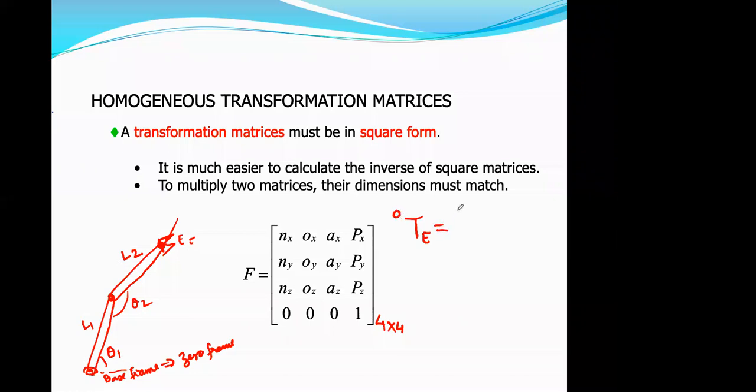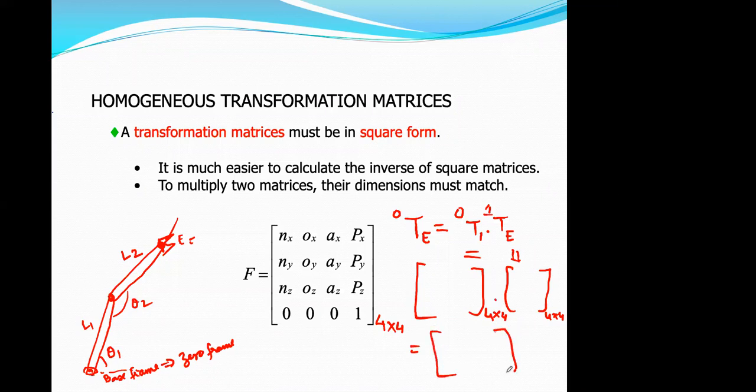So that will be 0T1, transformation of 1 with respect to 0, into transformation of 2, लिंक से हमारा E जुड़ा हुआ है, this E with respect to first frame. So this transformation matrix is a 4x4 matrix. This is again a 4x4 matrix. This is again a 4x4 matrix. और 4x4 मैट्रिक्स और 4x4 मैट्रिक्स का डॉट प्रोडक्ट भी 4x4 मैट्रिक्स में आएगा.